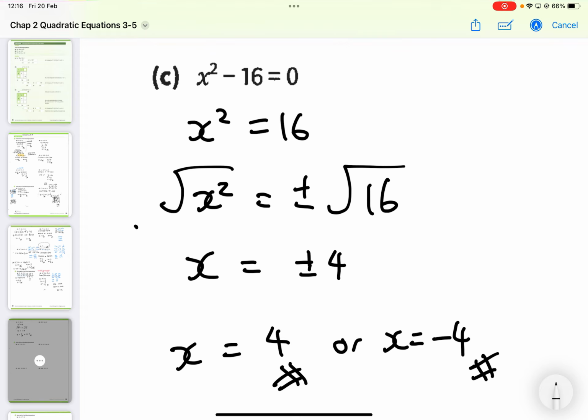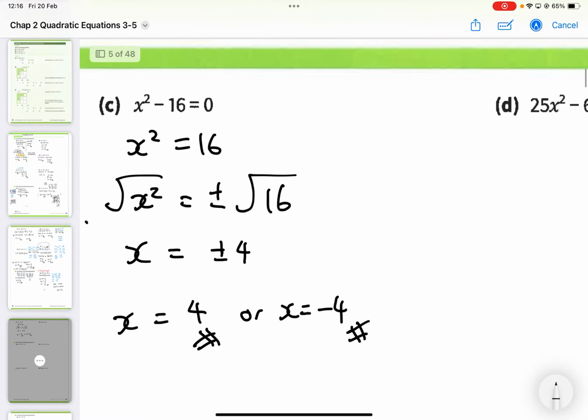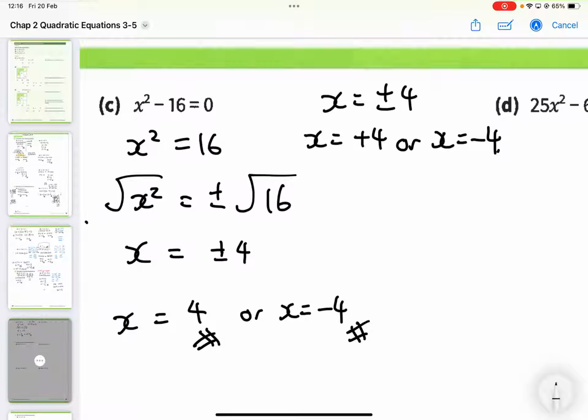It is plus or minus. So it is a plus on top of a minus. It means that your answer can be plus 4, your answer can be minus 4. Those of you who never see this sign before, when I write x equals to plus minus 4, this actually means x equals to 4 or x equals to minus 4. So the symbol itself is plus 4 or minus 4.